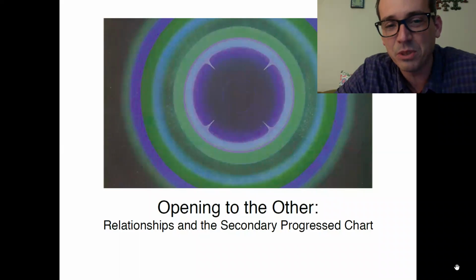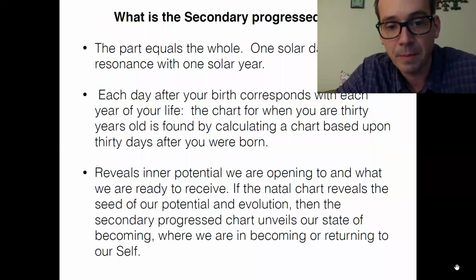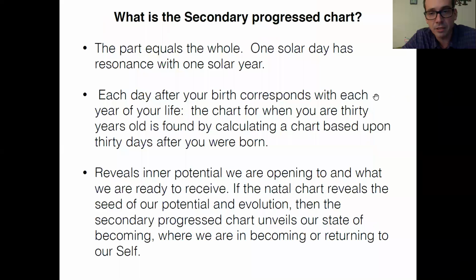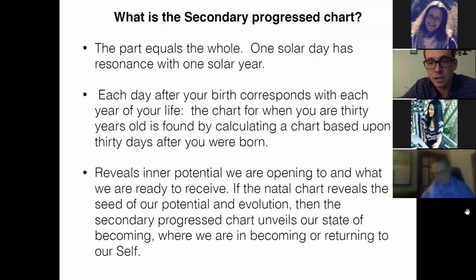We're going to explore how progressions reveal important changes in her relationships and her growth. She has a very interesting chart in this regard, so we're going to hopefully Gemini this up and get some Gemini happening with it.